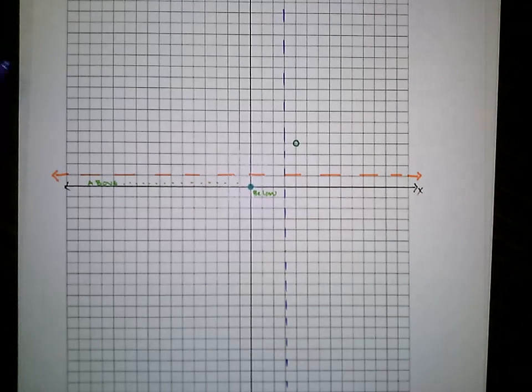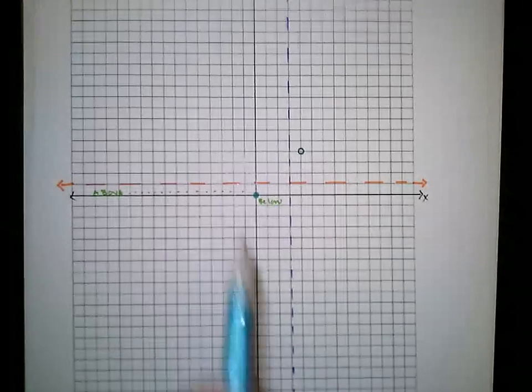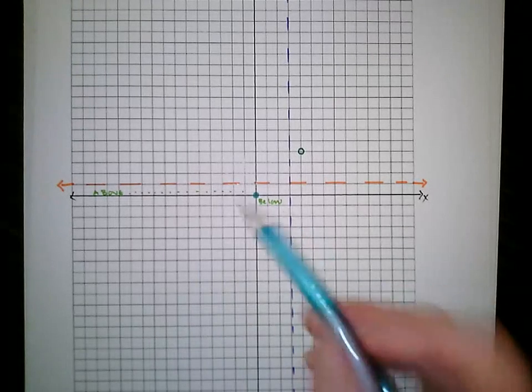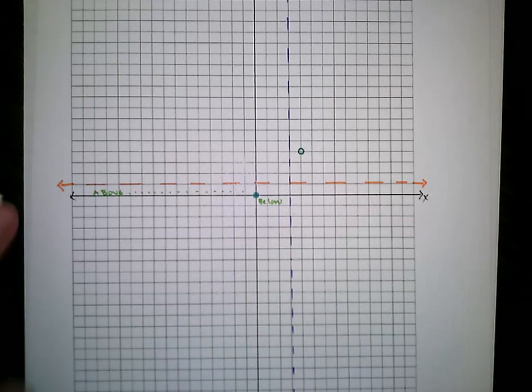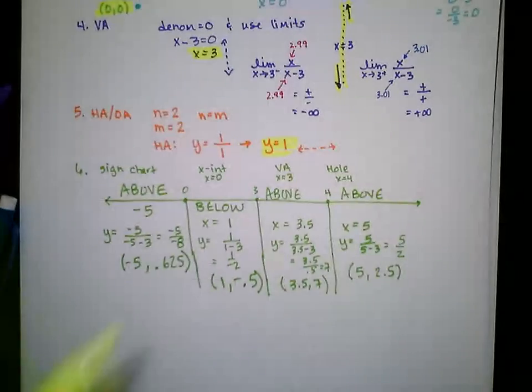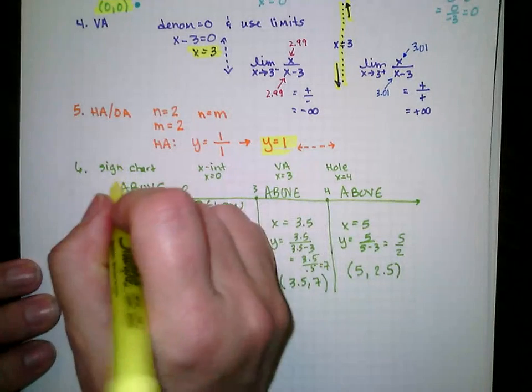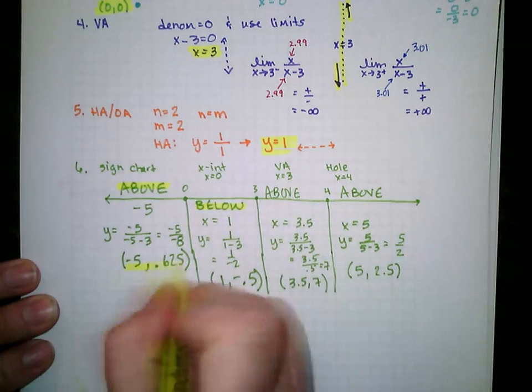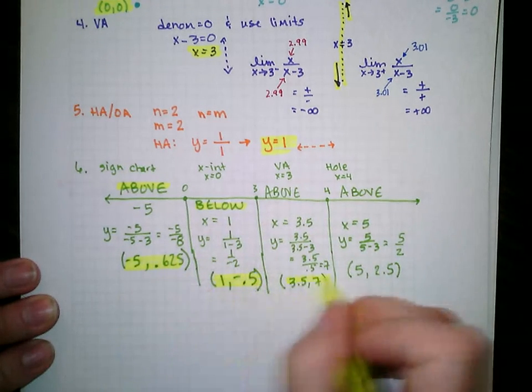Even if I don't know for sure if my graph crosses or touches the horizontal asymptote, I do know that it's going to run along that asymptote. So I can just connect my dots here and add in my additional ordered pairs that I had.